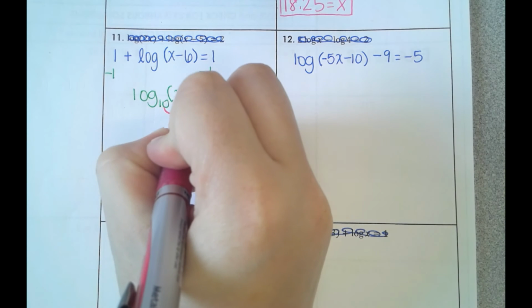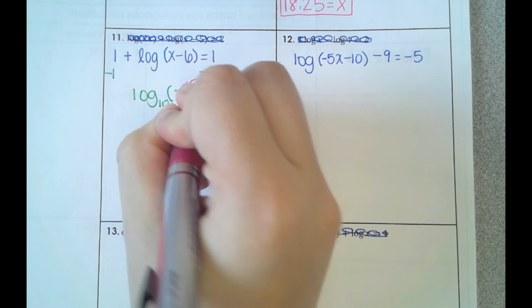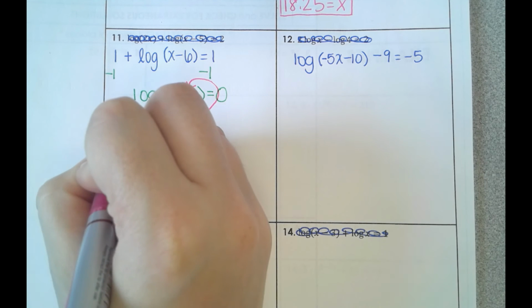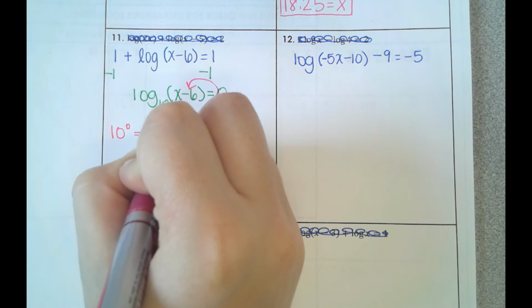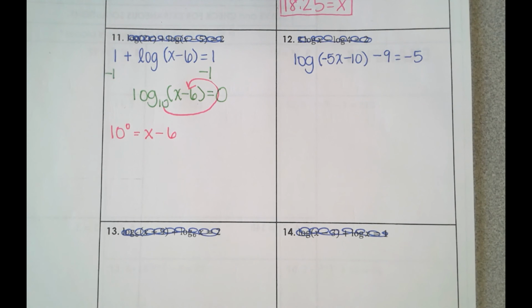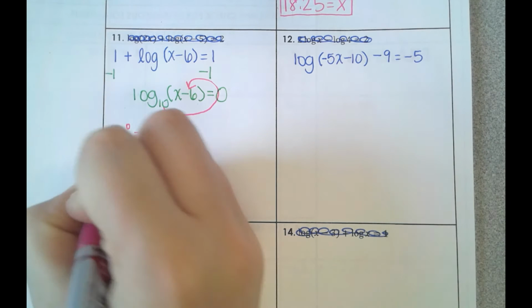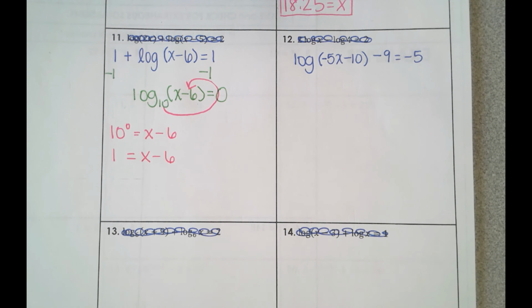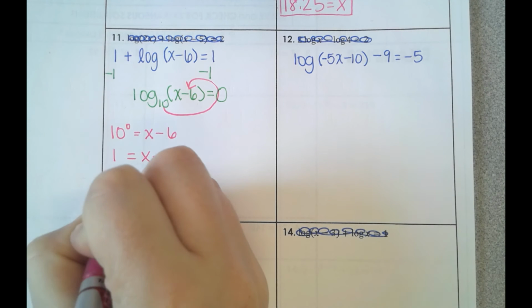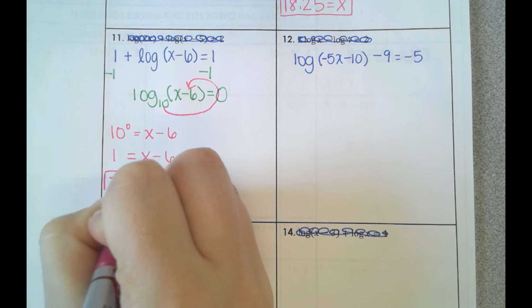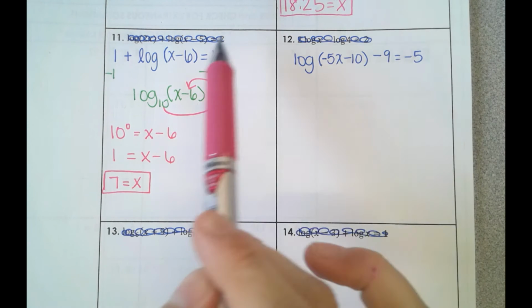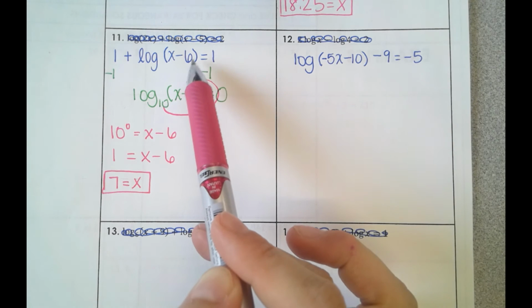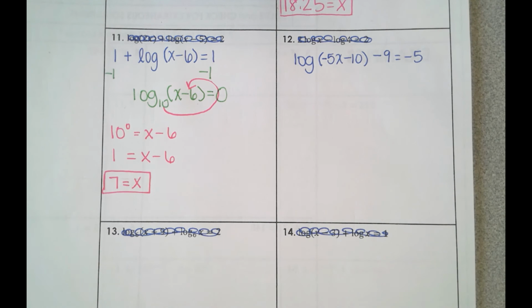So 10 to the 0 power equals x minus 6. What is 10 to the 0 power? 1. Anything to the 0 power is 1. And then if we add 6 to both sides, we get x equals 7. And if we plug that back in, yes, 7 minus 6 is 1. So we're good.